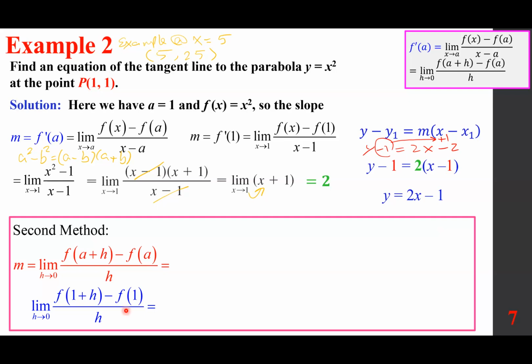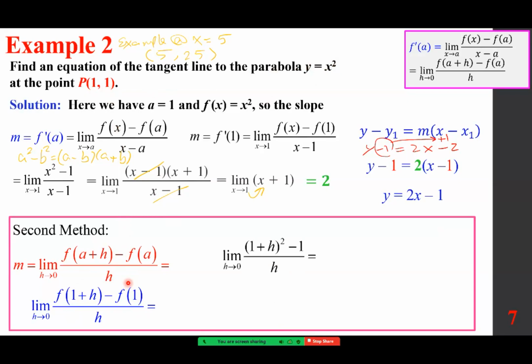And again, this fraction is what matters, which requires your algebraic techniques to do the math. So what is f of 1 plus h? 1 plus h squared. Minus, what is f of 1? You can plug it in, but you already have it. The y coordinate is f of 1.